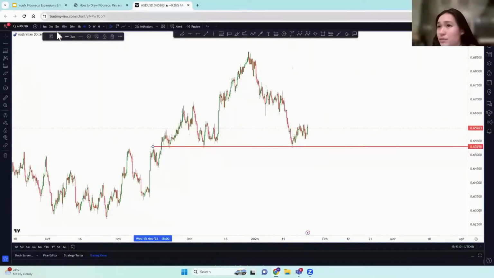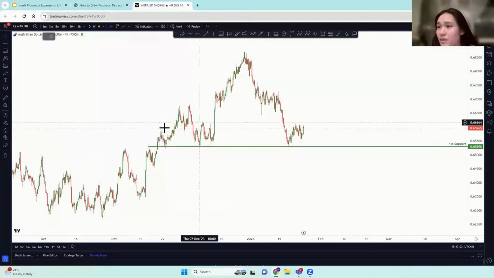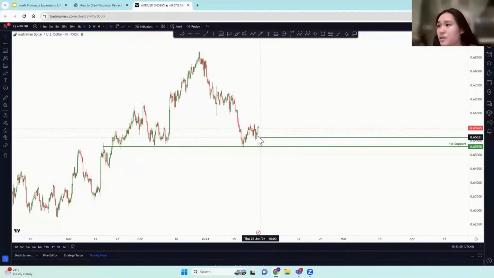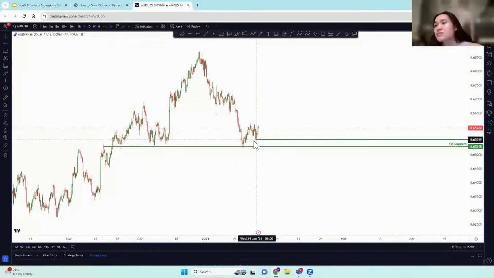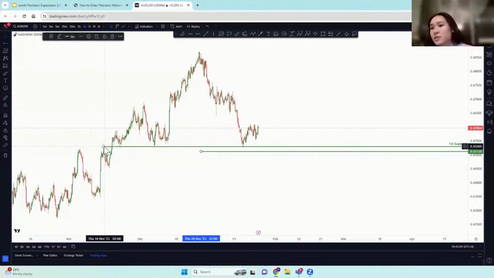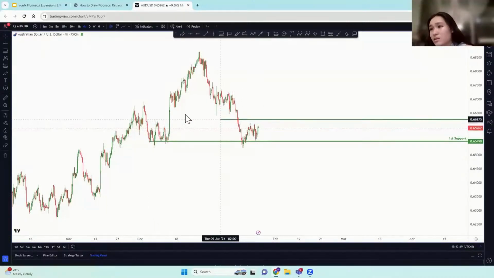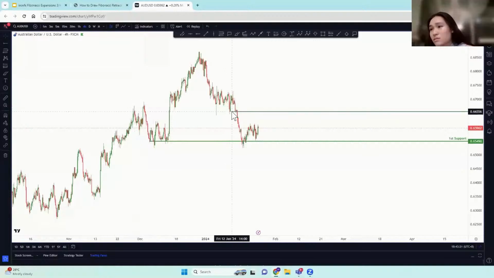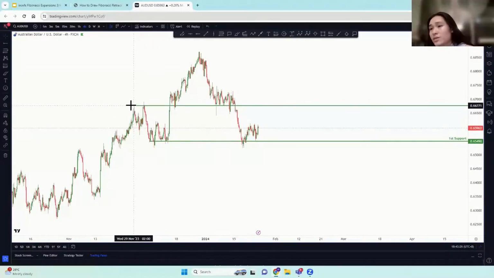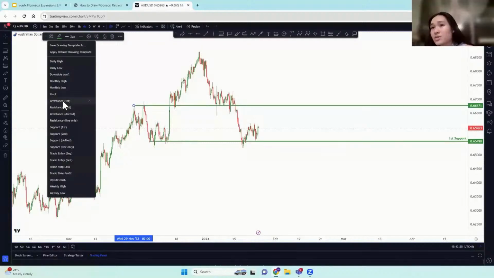Here will be my first support. Actually, maybe here instead, because it's closer to where price is currently at. And next will be my first resistance over here.